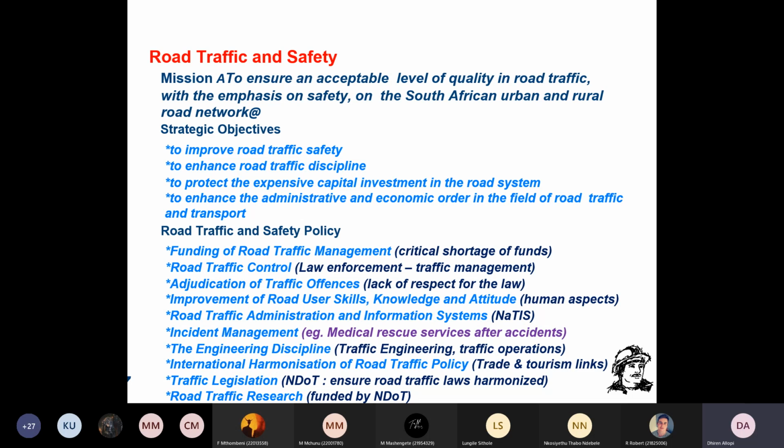Heard of Sapepe, Let Us Be Safe? That's the KZN Road Safety Initiative. So you'll see that the Department of Transport is trying to ensure that there's an acceptable level of quality on your roads, and that's the emphasis, of course, being on safety, strategic objective.